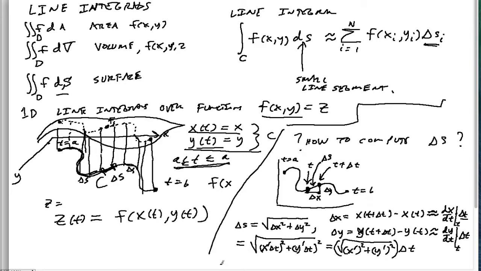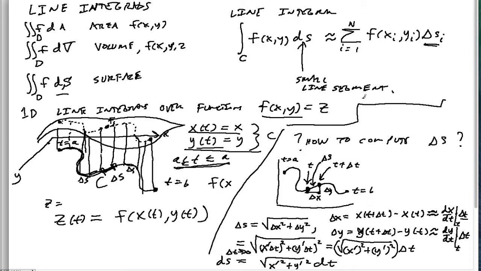And then, as usual, ds is gotten from taking delta t to 0, and we get the square root of x prime squared plus y prime squared dt.